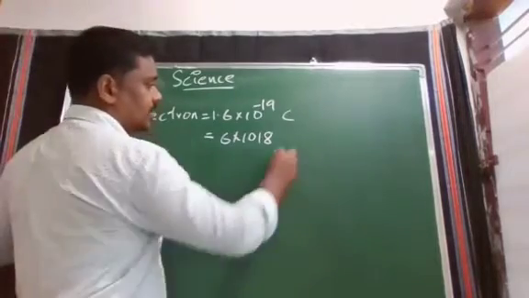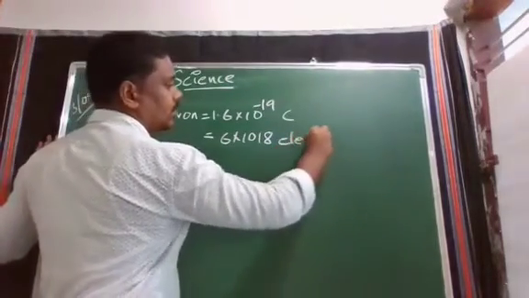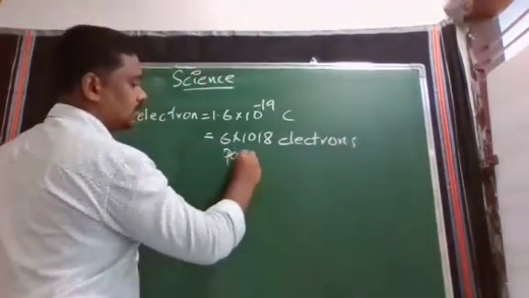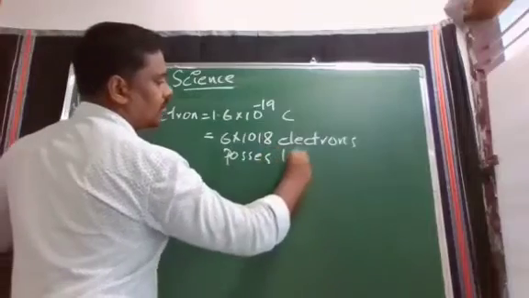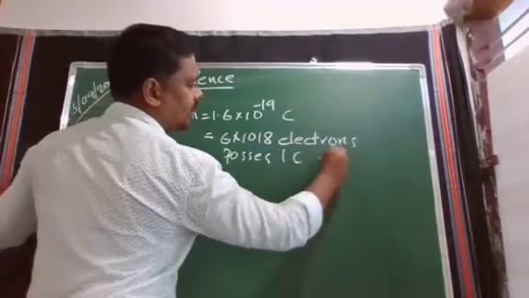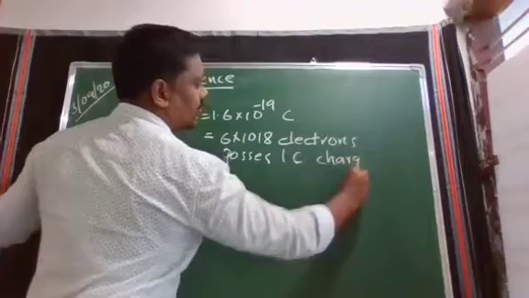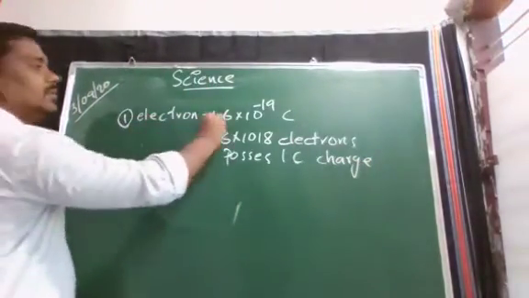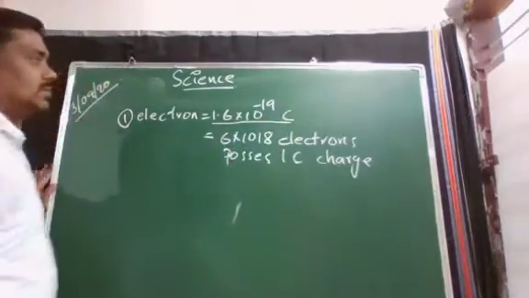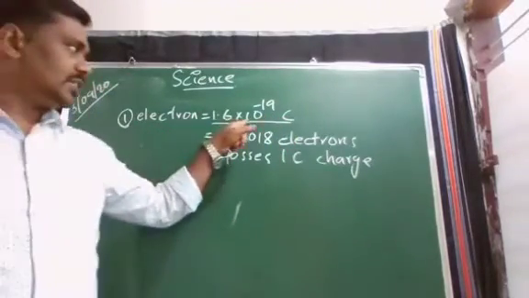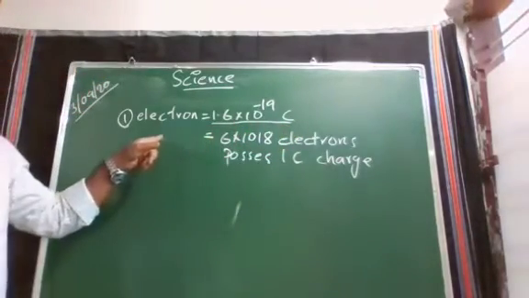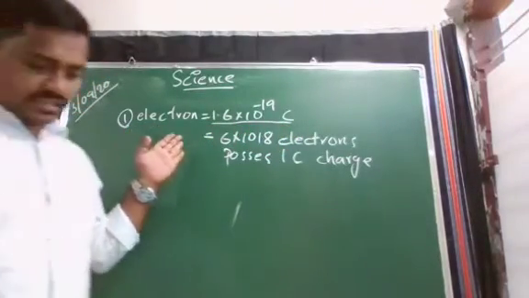6 into 10 raised to 18 electrons possess 1 coulomb of charge. For one electron, the charge is 1.6 into 10 raised to minus 19 coulomb. And what is our question?